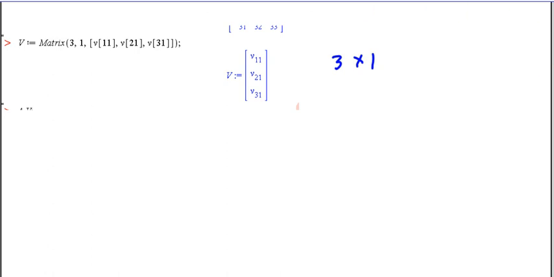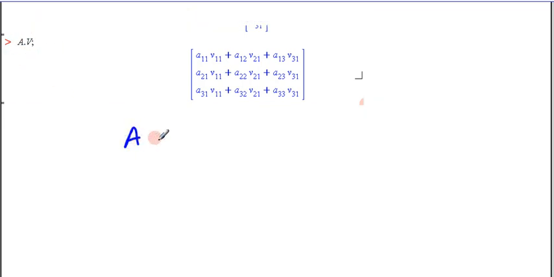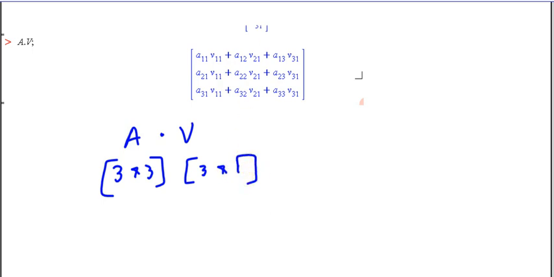We could take our matrices A and B, and we could multiply them together. So we have A times B, and A is a 3 by 3 matrix, and B is a 3 by 1 matrix. Now, multiplication of matrices is only allowed if those two numbers are the same.